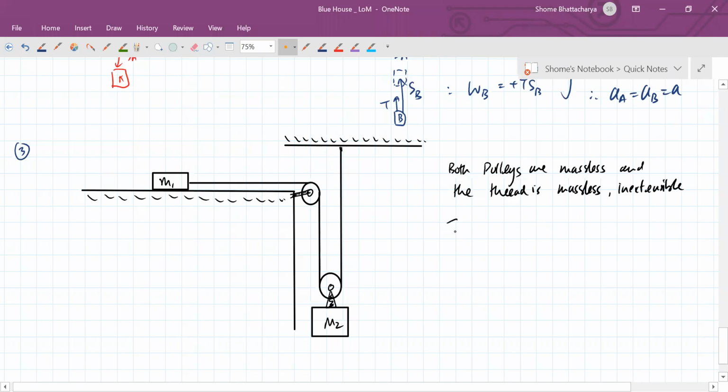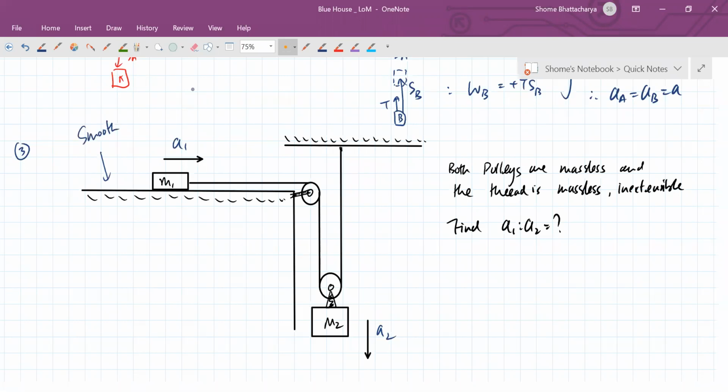Find the ratio of these accelerations. We know that these will tend to accelerate like this because there's a smooth surface. So gravity acts on M2 downwards. You want to find the ratio of these accelerations. So you know the ratio of the acceleration is 2:1.